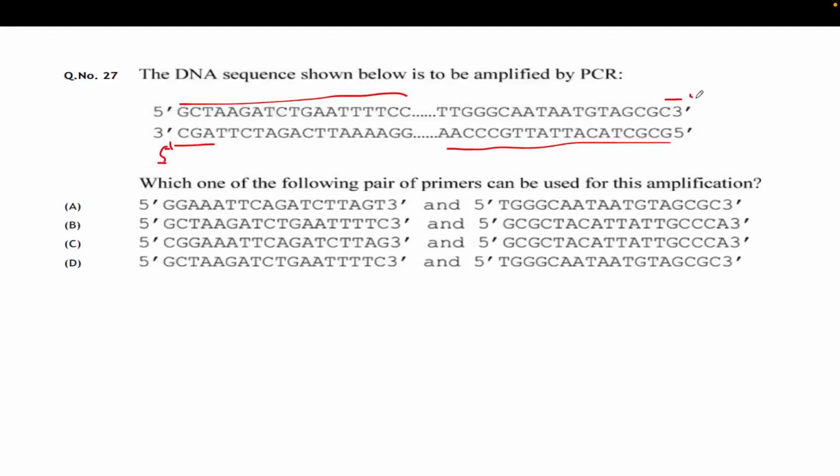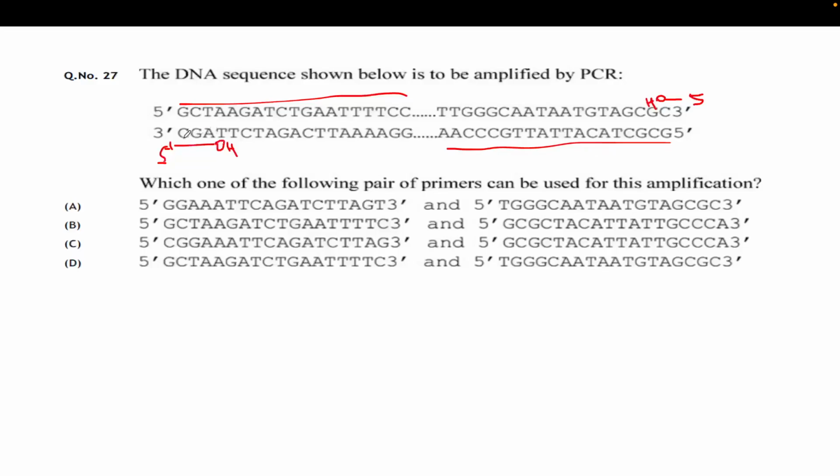On this side the free OH group is present. From here the DNA polymerase will amplify the template DNA. So you have to check the complementarity of this 3' to 5' template DNA sequence.